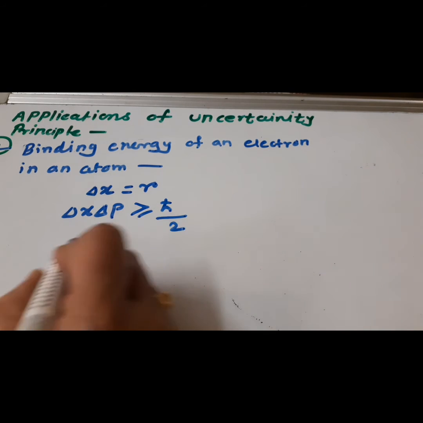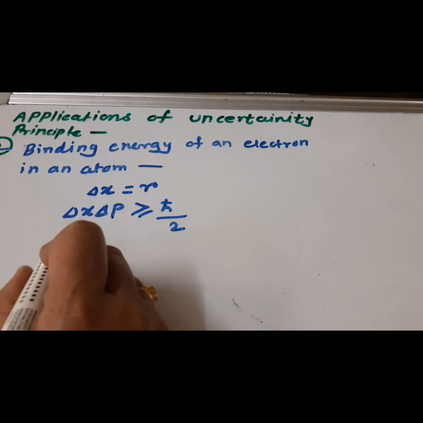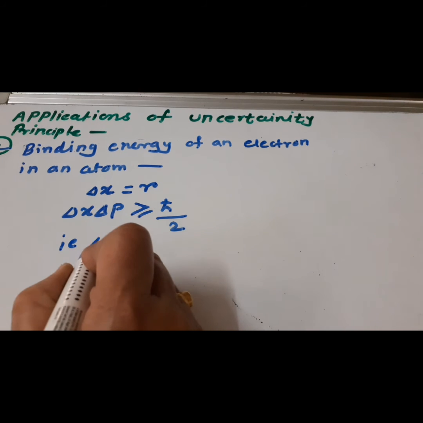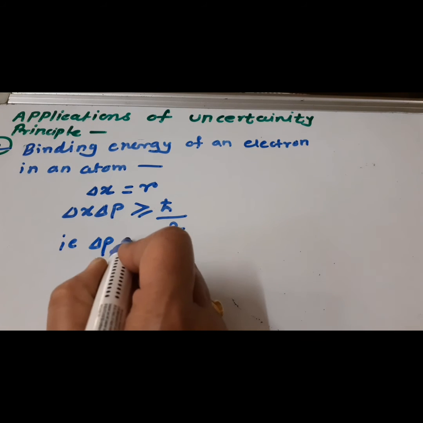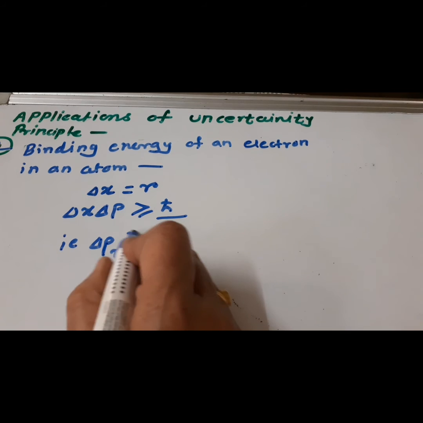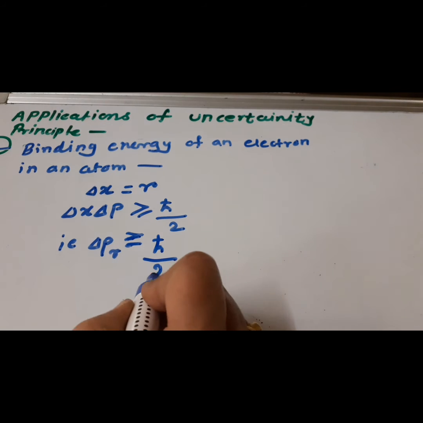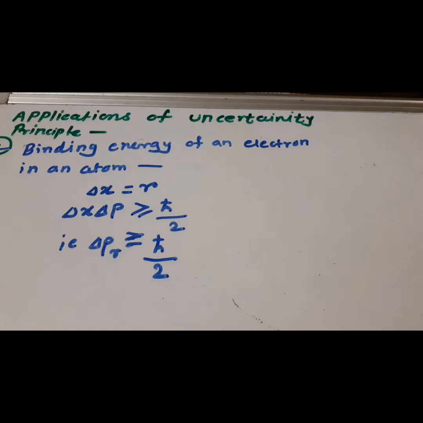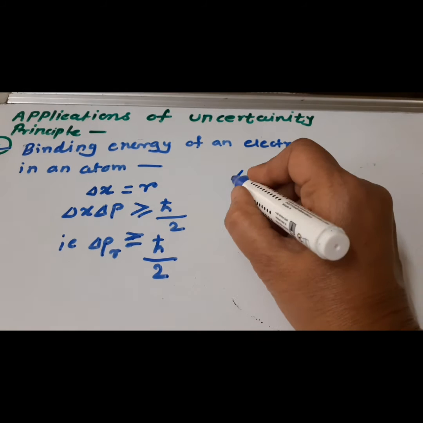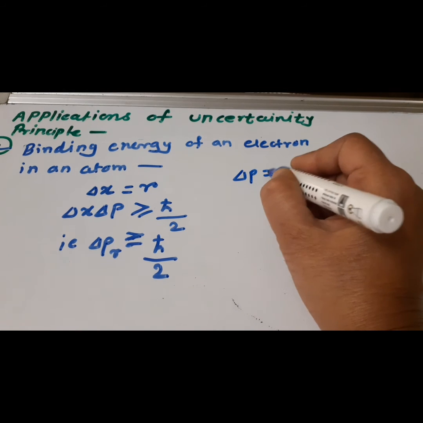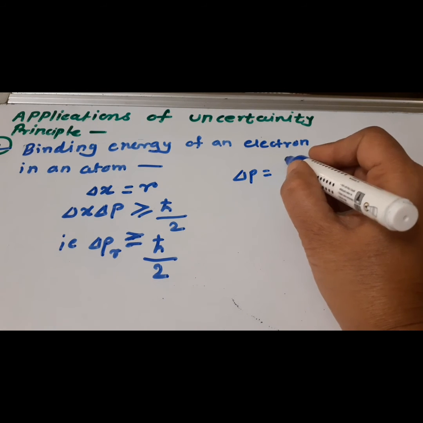That is, delta p r is greater than or equal to h cross by 2, or delta p is equal to h cross divided by 2r.